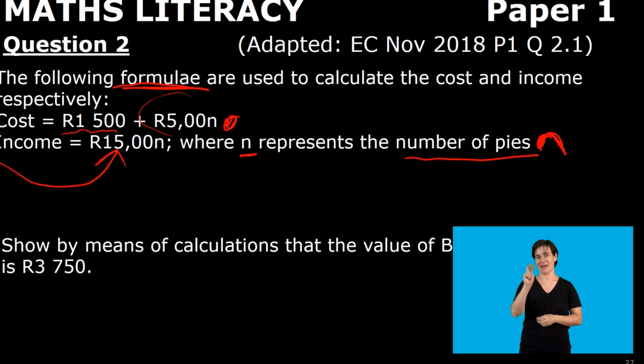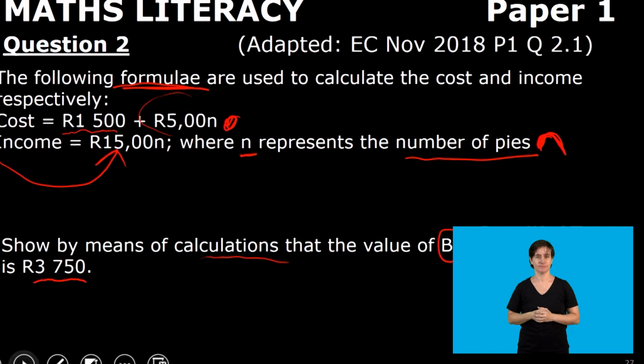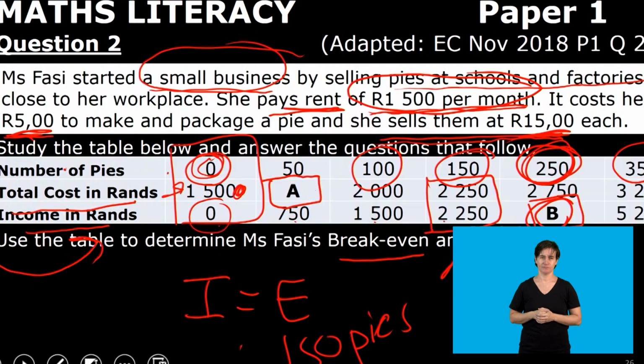Now, show by means of calculations that the value of B is 3,750 Rand. So now, what we do is we go back to our table. We can see B is for 250 pies. And then if we look at the table, B is for the income.